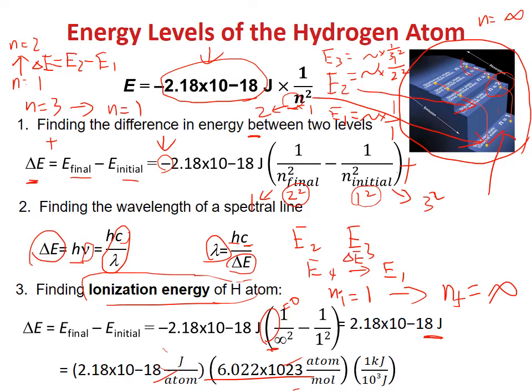And then we divide by 1000, which gives you kilojoule. So the ionization energy of hydrogen atom is 1.31 times 10 to the 3rd power kilojoule per mole of hydrogen atoms.